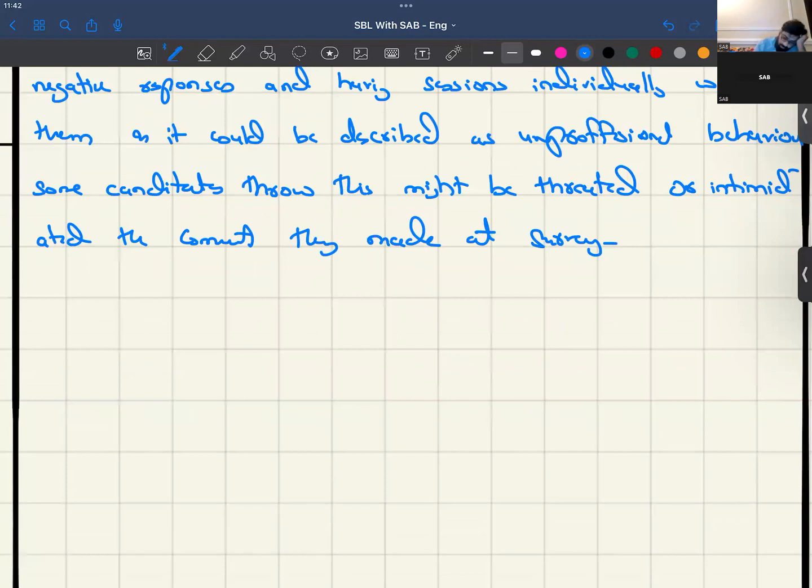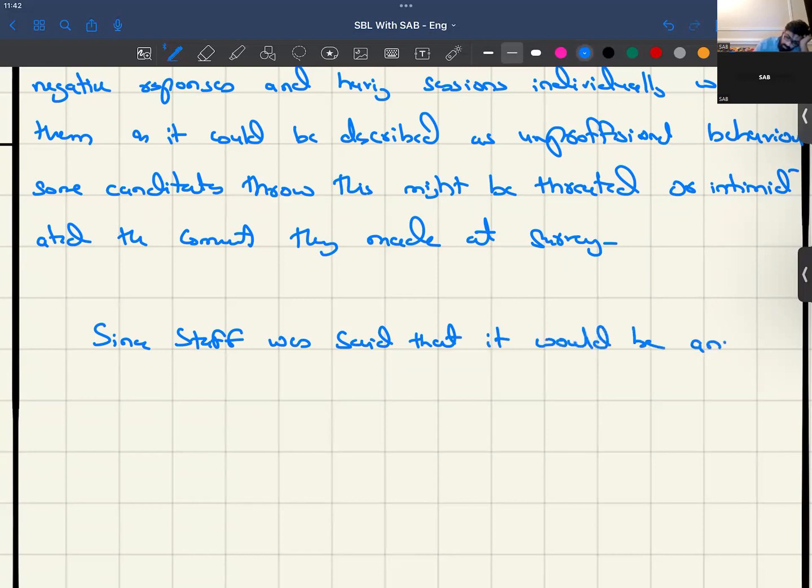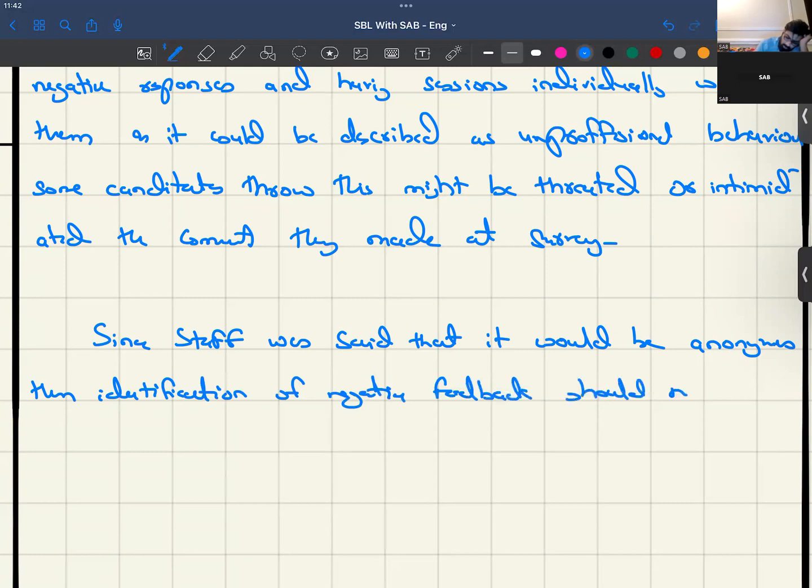Since staff was told that it would be anonymous, then identification of negative feedback should not be allowed at any level, right? So you asked them and you gave them a conclusion also.